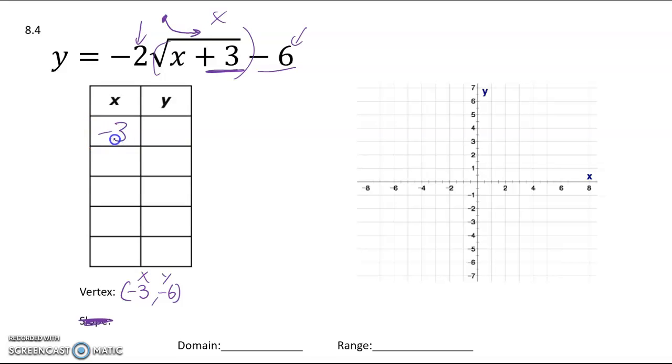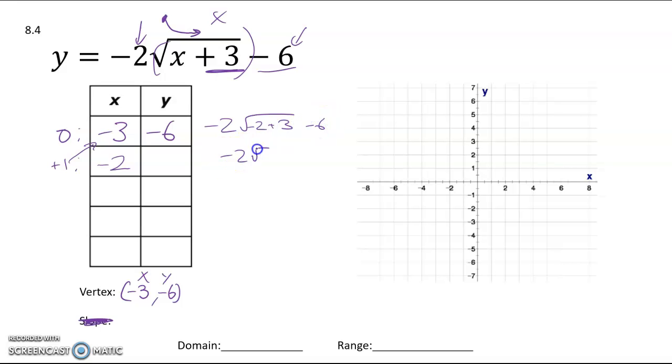So with the y, it's going to be negative 6. Remember, that negative 3, negative 6 is the first point that we're going to graph. Now, using my little pattern that I showed you, we're going to add 1 to this original x value. So it's negative 3 plus 1, which gets me negative 2. I plug negative 2 in for x: negative 2 times the square root of negative 2 plus 3, minus 6.